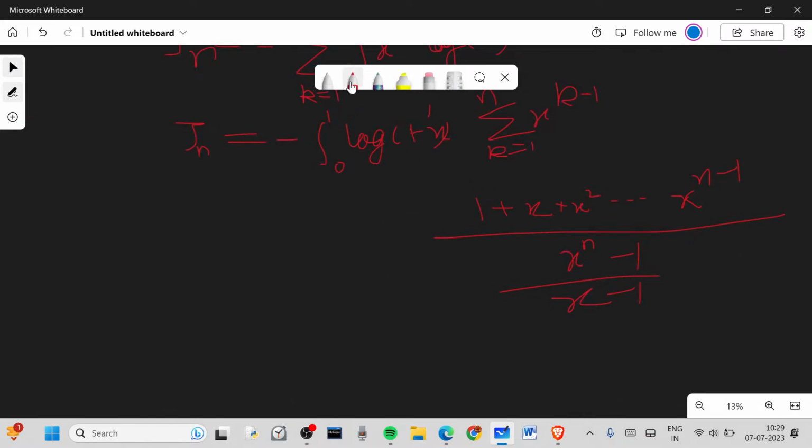Substituting it over here again, Jn is minus integral 0 to 1 ln 1 minus x by 1 minus x, 1 minus x to the power n.